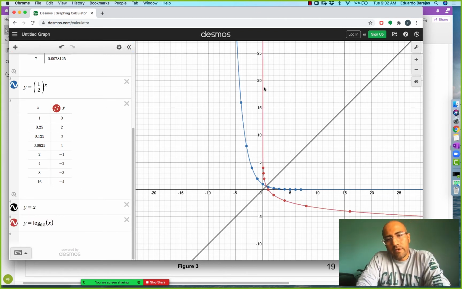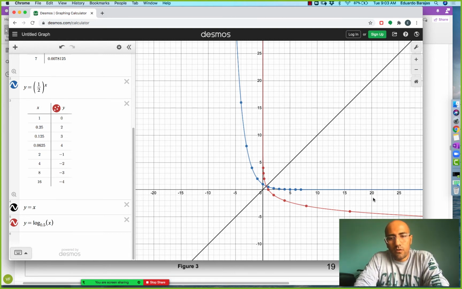There. Okay, so this red line here is log base 1/2 of x, whereas the blue one is 1/2 raised to the power of x.